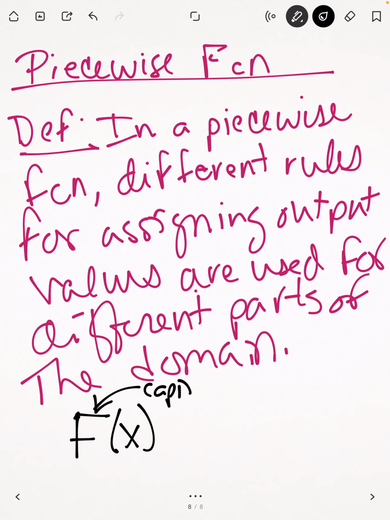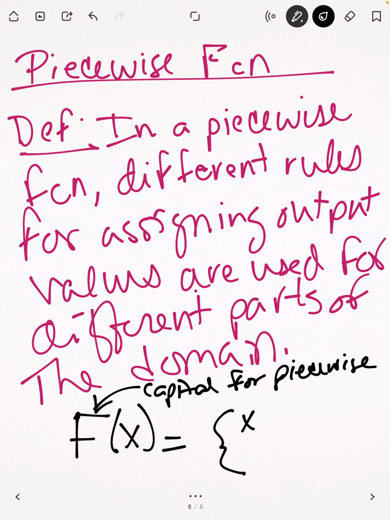So capital F for piecewise. We would say something like this. My function of x is equal to x squared whenever x is less than 1, and it's equal to 2x plus 1 whenever x is greater than or equal to 1.